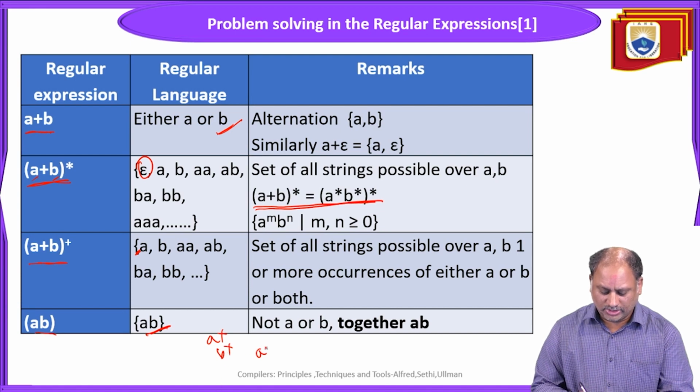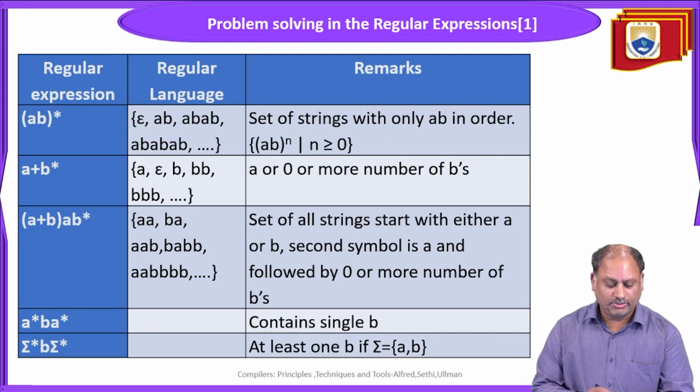Not A or B, only A, B together. That is the string to be accepted, supported with this expression. It is not an individual string, AB is one individual string, not separate A, separate B. So that is to be considered as one expression, and the supporting language notation is AB only.